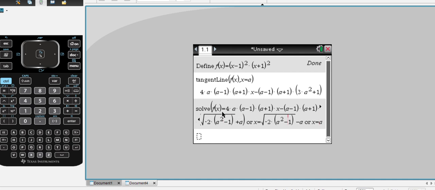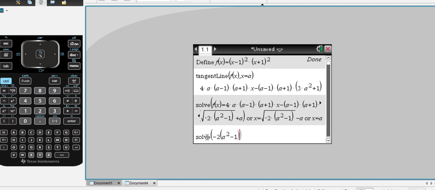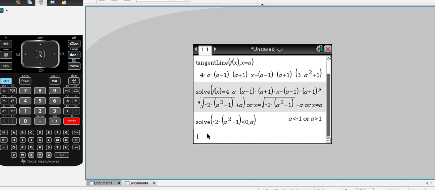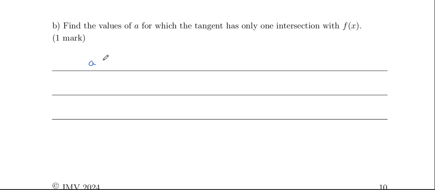However, these ones in the square roots are only defined when the inside function is greater than 0. So when it's less than 0, we're only going to have one solution. So when a is less than -1, or when a is greater than 1, we'll only have one solution.